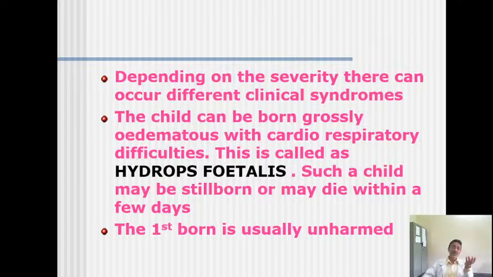Now the next condition is, as the RBCs are being lysed, the bilirubin levels keep rising. When the bilirubin levels keep rising, you will also find that it enters from the circulation, crossing the blood-brain barrier and entering into the brain.